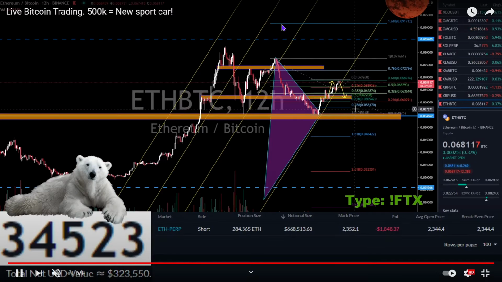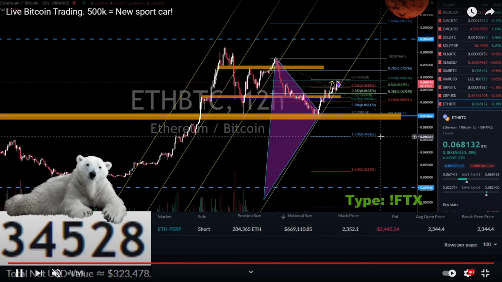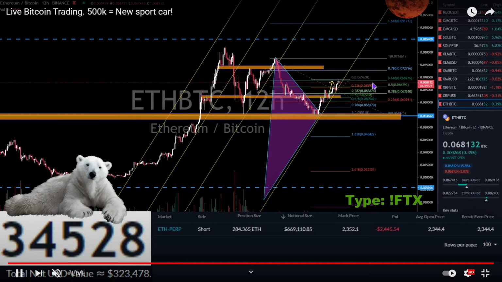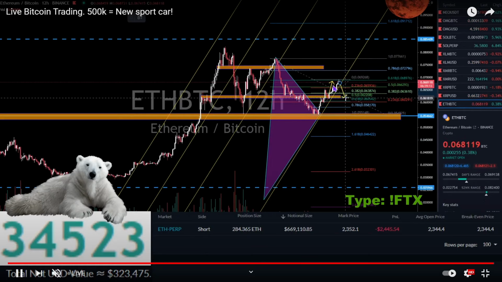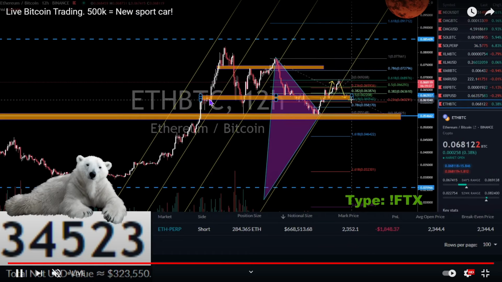So right now over here you can see that he drew that he was thinking that the price will react to this 61.8% mark, and then his take profit will be somewhere over here, whereby he thinks that it is a multi-touch support resistance line.